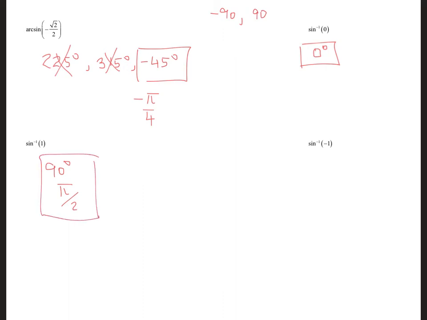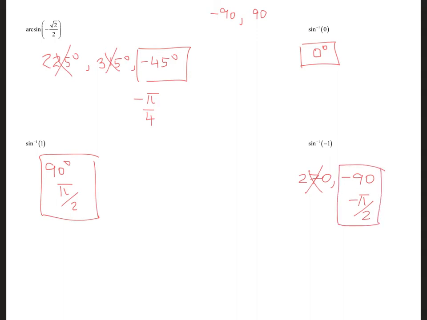And the next one is sine of negative 1. So can it be 270? It could be 270 or it could be negative 90. But 270 is not between negative 90 and 90, so it cannot be that. So it has to be negative 90 or negative pi over 2.